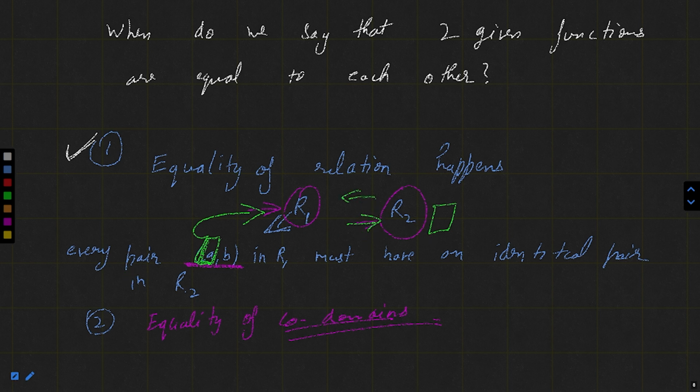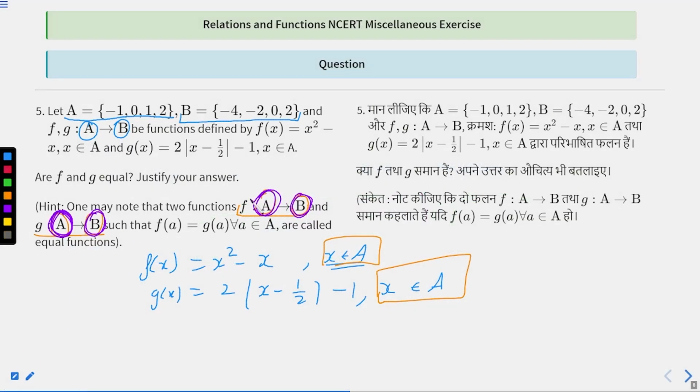And vice versa, every pair in this relation must have an identical pair in this relation. That's why we wrote that if f is from A to B, then g is also going from the same domain to the same codomain, as we saw.